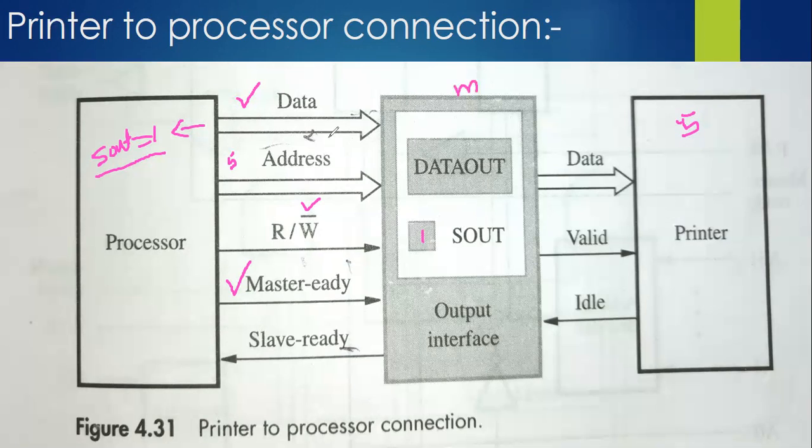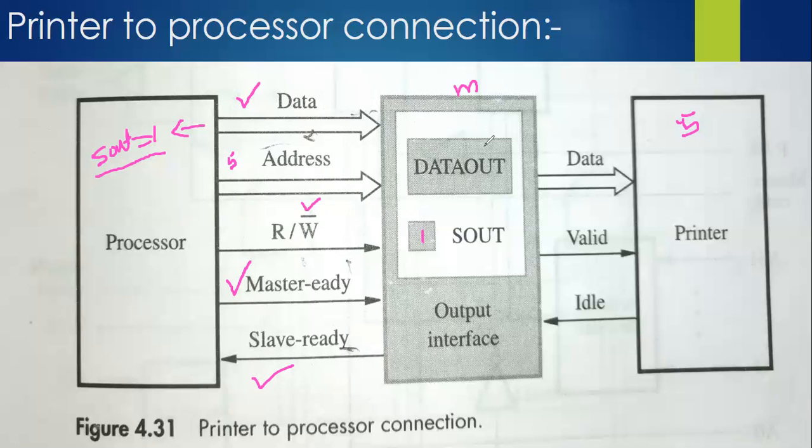After getting a match, the printer will go through what kind of control signal has been uploaded, that is, read or write. It will not let this data come inside right now. Instead, it will raise a signal called slave ready.